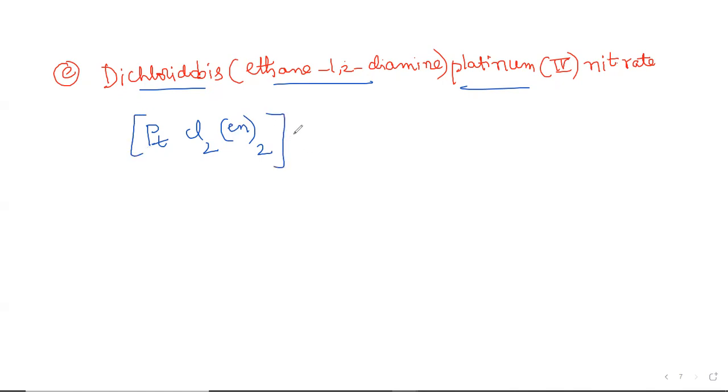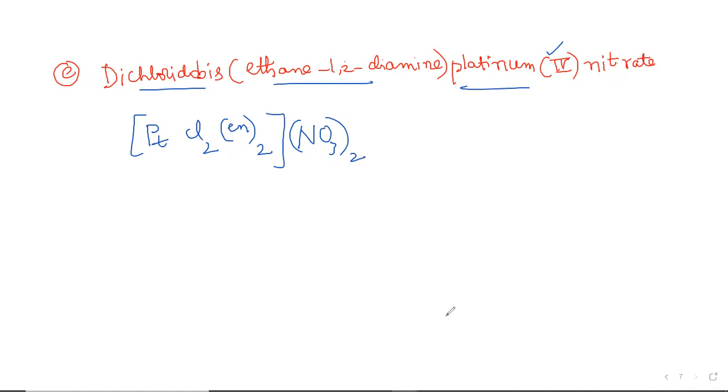Outside this one, we have some nitrates, that is NO3. But how many NO3s are there? To fulfill this oxidation state, inside there are two chlorines. So outside, if we have two nitrates, definitely the oxidation state will get balanced and the entire charges will be correctly presented.